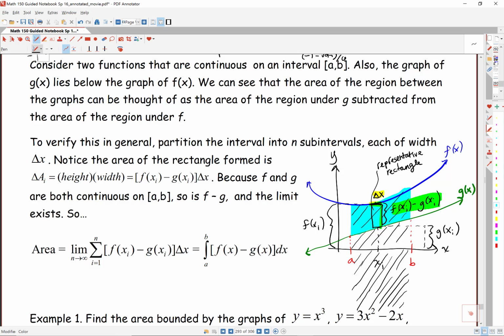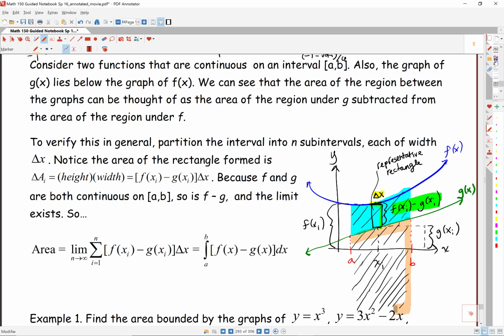Let's just do a light, kind of a peach color. So if you look at the region under the graph of g, do you see it's all of this going on forever?